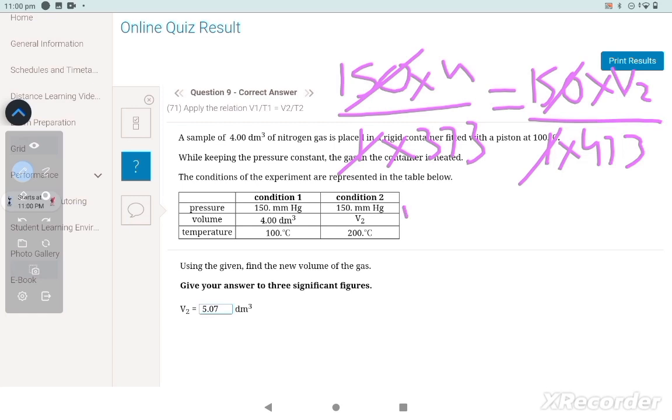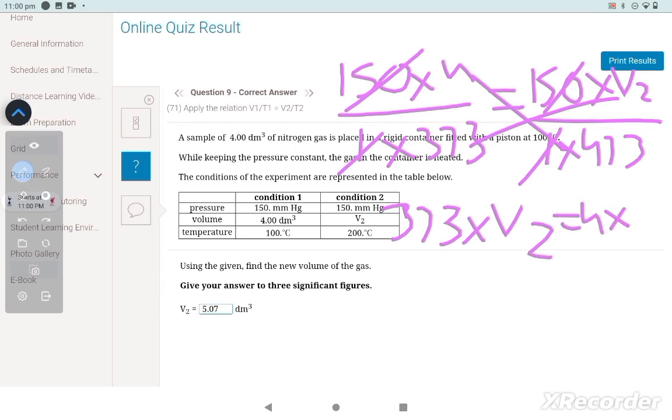Now we have to cross multiply. 373 times V2 is equal to 4 times 473. So divided by 373, we get 5.07, round that off, 5.07.